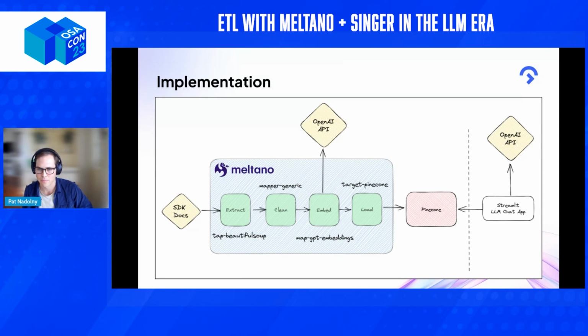We have two mappers in between. Mappers in the Meltano world are just a piece in the pipeline that operates on every single record. So we have a cleaning step and then an embedding step that uses OpenAI's API to exchange the text data for embeddings.